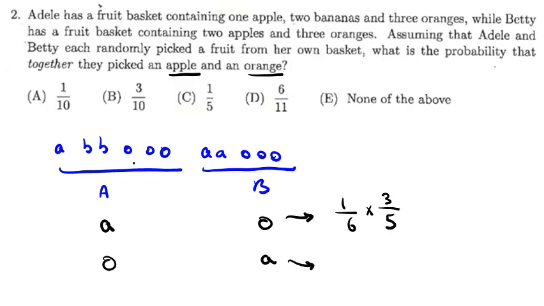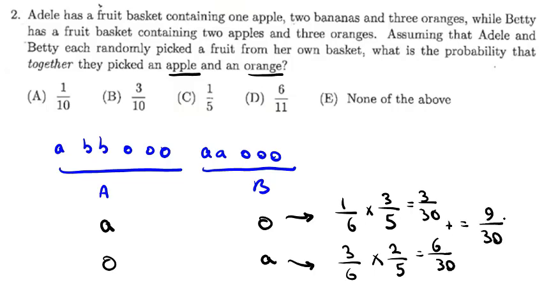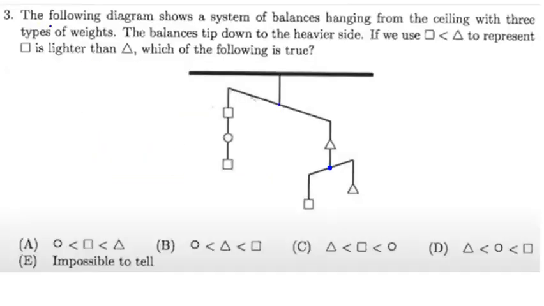And here, orange 3 over 6, and for Betty, apple 2 over 5. It will be 3 over 30, and 6 over 30. If we add these 2 things, it will be 9 over 30. And if we simplify, it will be 3 over 10. So the answer is C.